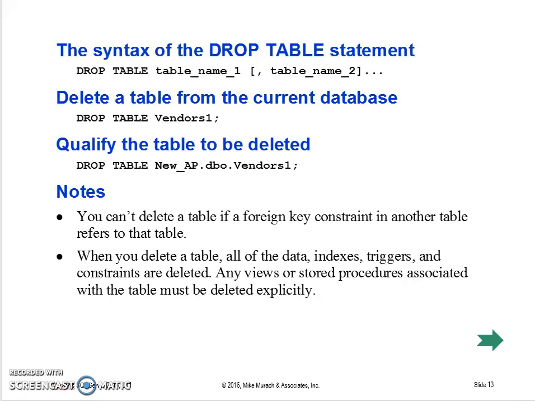So if you've got a table that contains a vendor ID in it, and you're trying to delete the vendors table, then you're not going to be able to do that. When you delete a table, all the data, indexes, triggers, and constraints are deleted. Any views or stored procedures associated with the table must be deleted explicitly. Again, you delete structure by using the drop command.